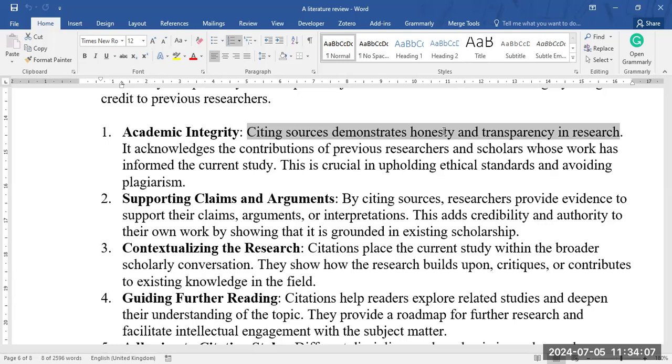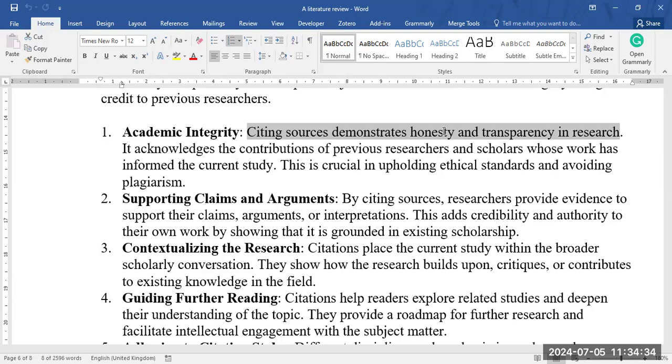To be an honest researcher, reading the previous researchers is a must. We cannot ignore their knowledge. So how can we incorporate it in our work? We can write their ideas in our own words, right? So citing sources demonstrates honesty and transparency in research.